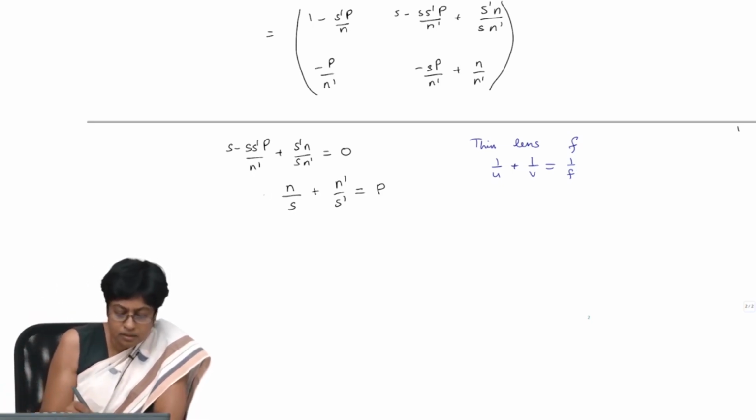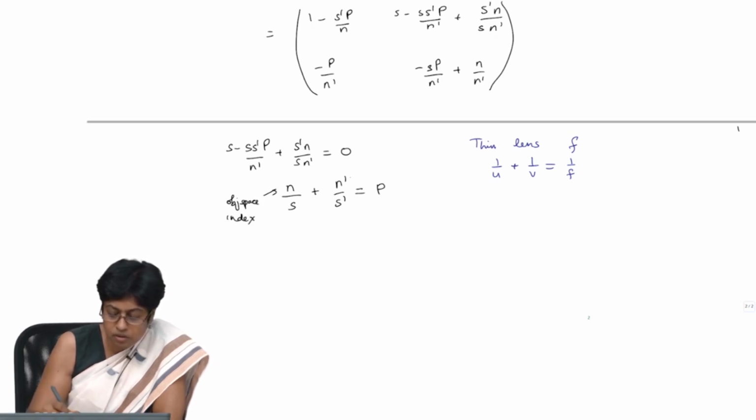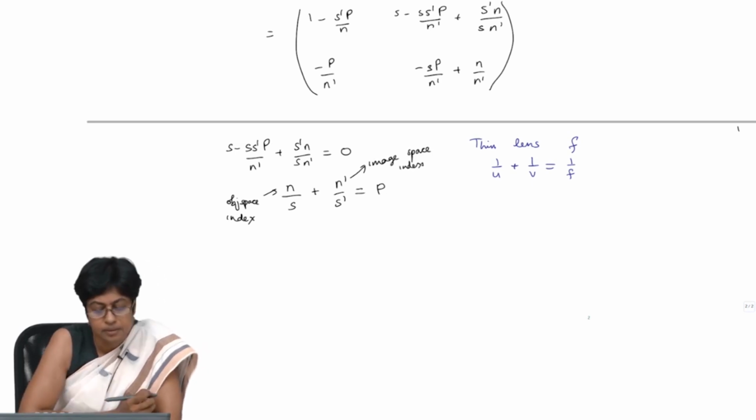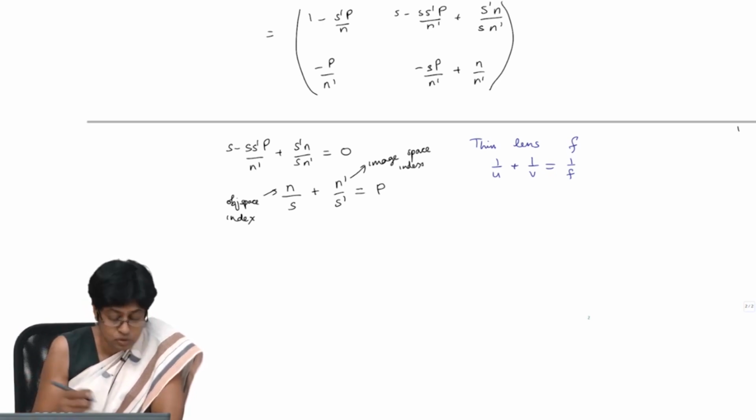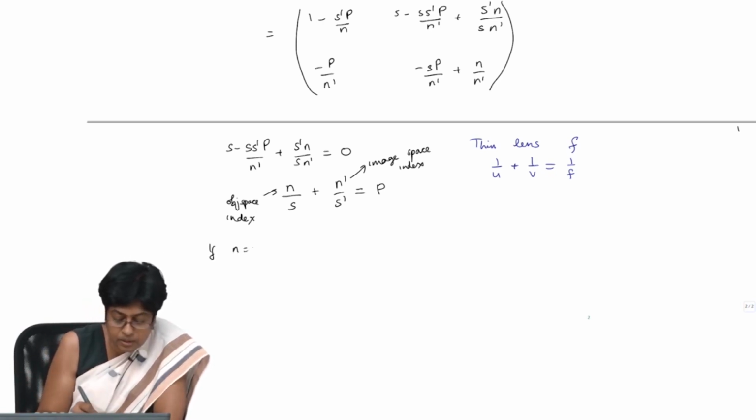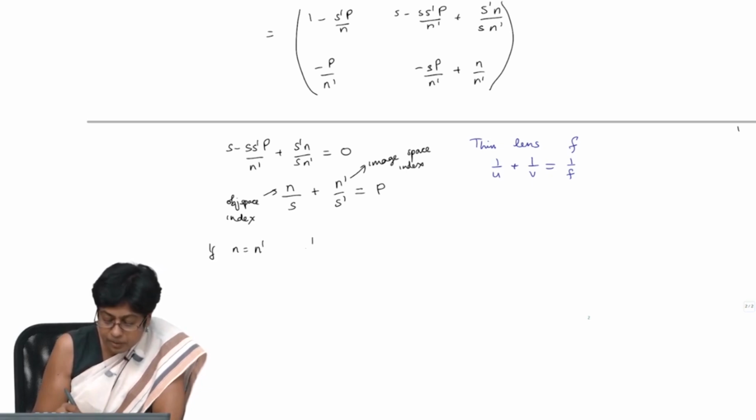n is the index of the object space, n dash is of the image space. If I assume they were equal, so let's say if n was equal to n dash, then I would have 1 over s plus 1 over s dash is p by n.